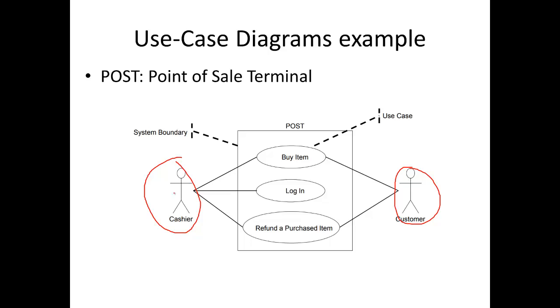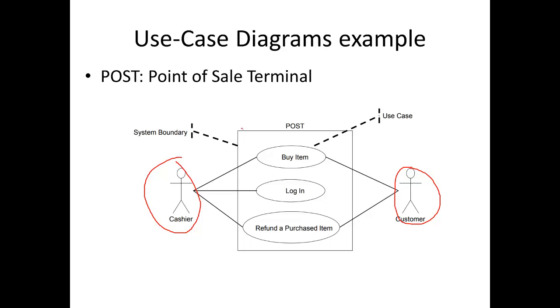The cashier can deal with buying an item, can refund the purchased item to a customer, and can also log in to the POS machine to do some things. So that's the basic example.